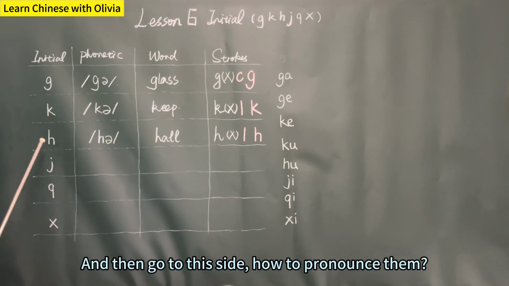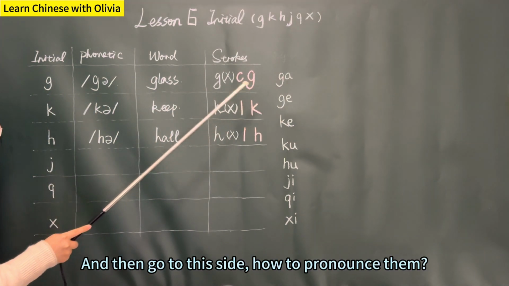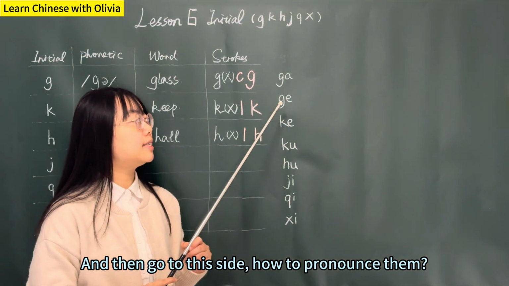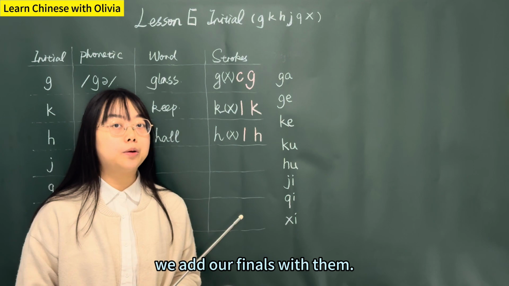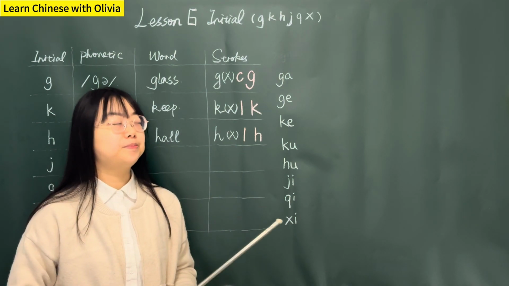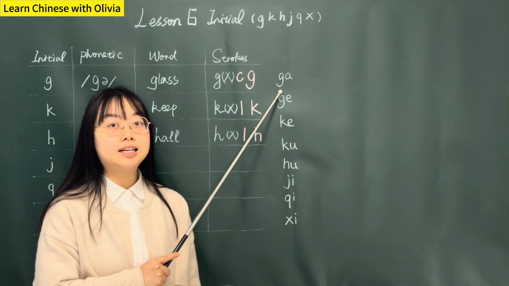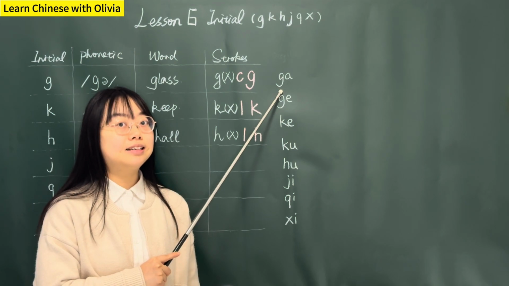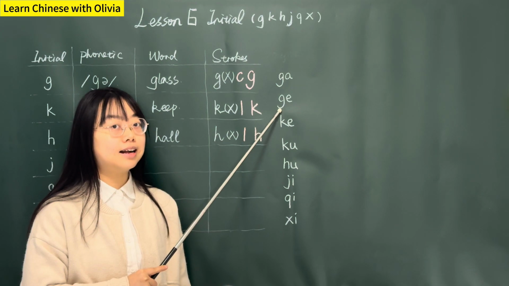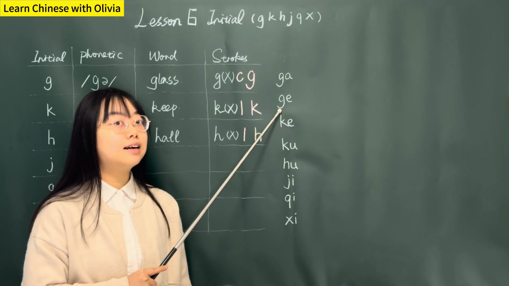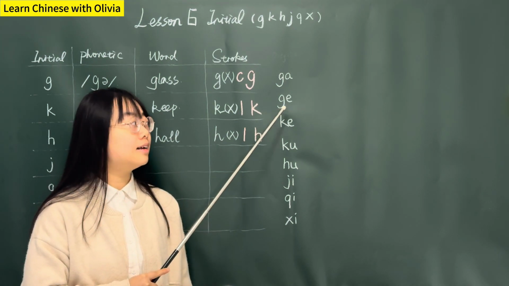And then go to this side. How to pronounce them? We add our finals to them. G, a, ga. G, e, ge.